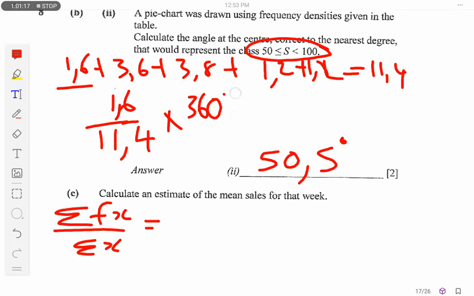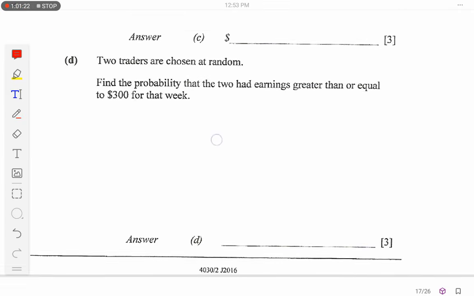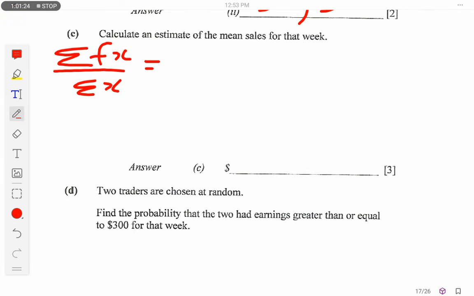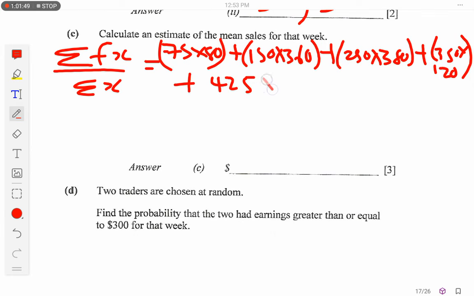Okay, so let's do that. So we are going to get 75 by 80 plus 150 by 360 plus 250 by 380 plus 350 by 120, sorry, plus 425 by 60.